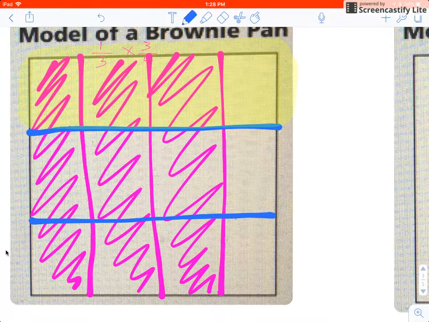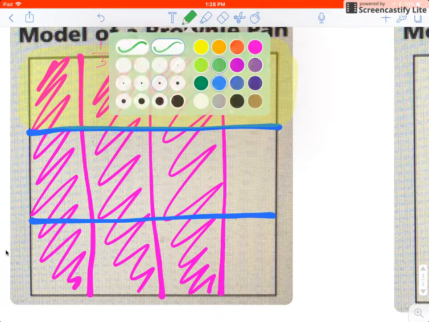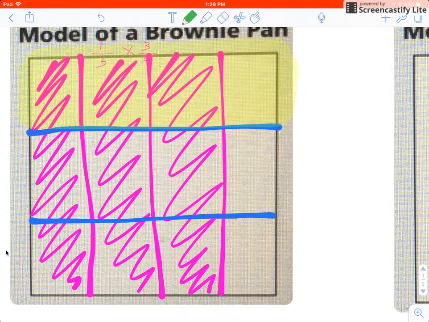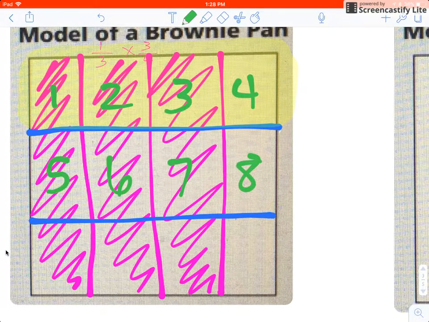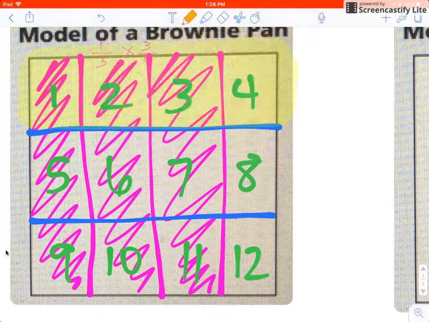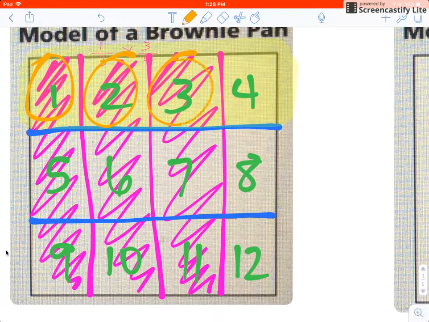And now we'll have to figure out how many pieces our brownie pan is broken up into. So go ahead and count out how many pieces this brownie pan is broken into total. Again, we have 12 pieces. And of those 12 pieces, we need to figure out how many we get to buy. Of our 1/3 section, 3 pieces are still there.